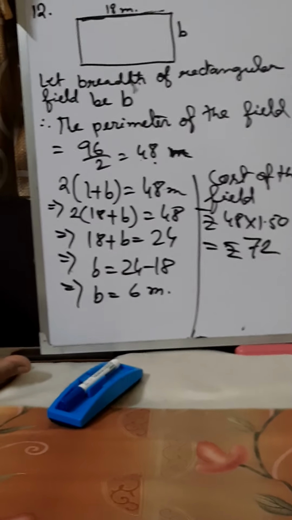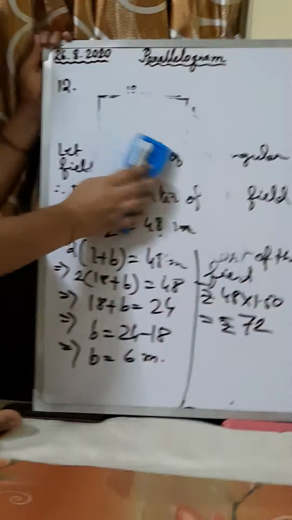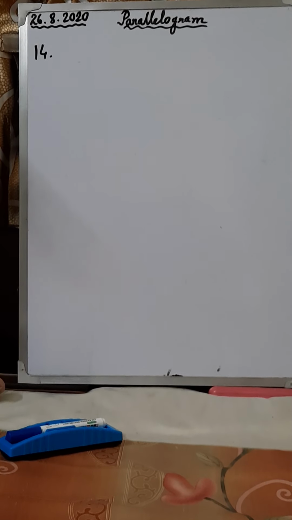Now see question number 14. It is given that the length and breadth of a rectangular park are in the ratio 3:2 and its perimeter is 160 meter.